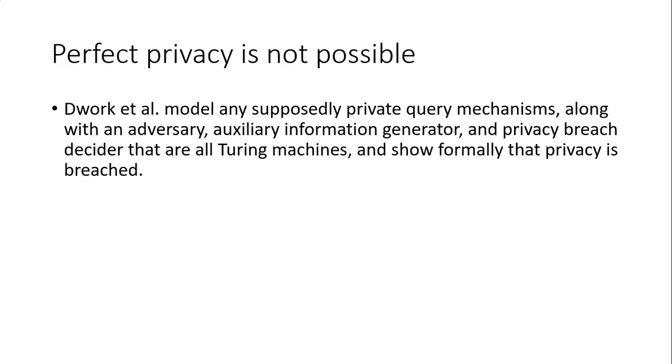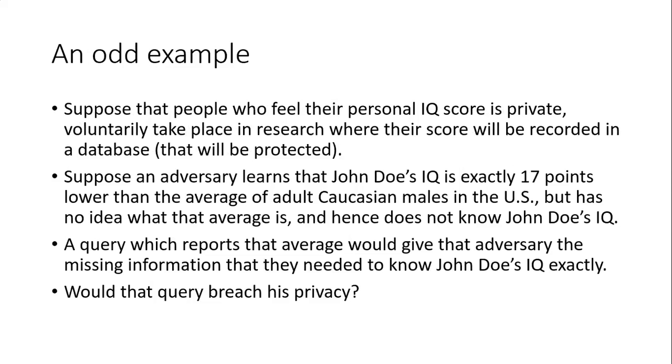They showed this formally using Turing machines, which is another thing that I'm not very familiar with, so I'm not going to show the proof, but just to briefly mention it, they modeled any supposedly private query mechanism, along with the adversary, the auxiliary information generator, and the privacy breach decider, all as Turing machines, and were able to show that in their situation privacy was breached. So I'm not going to go through the mathematical proof of that, but I'm going to give an example that they give in plain language.